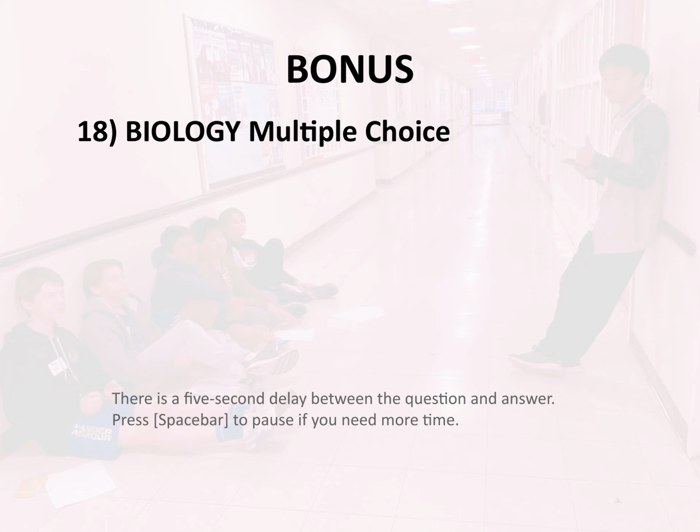Y. The actin filament forms new disulfide bonds within itself. Z. The actin filament forms new alpha helix structures to maintain its shape. Answer: X. The actin filament is constantly adding new and losing existing subunits.